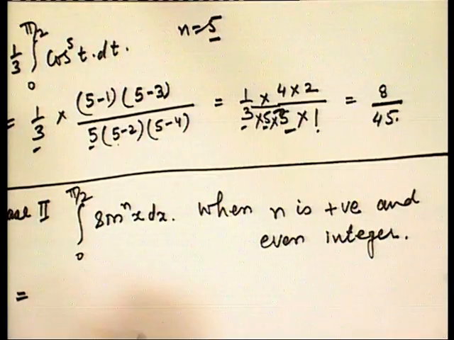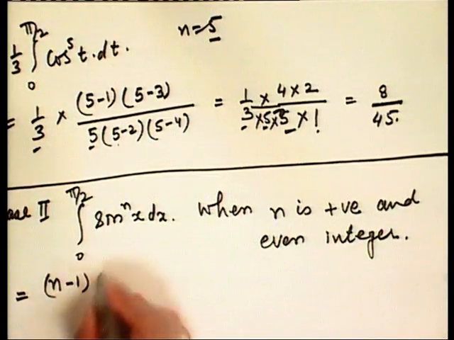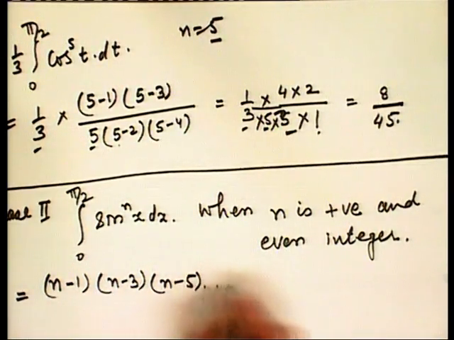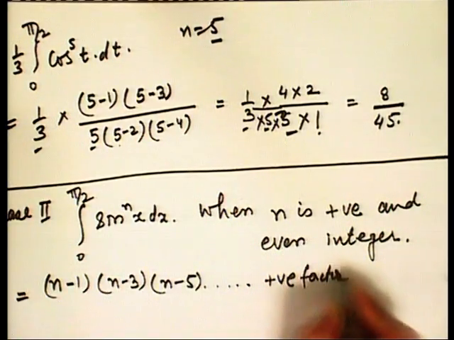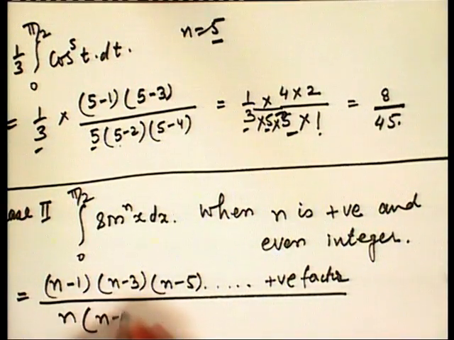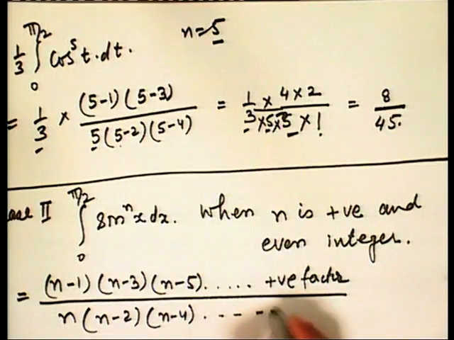Then our formula will be n minus 1, n minus 3, n minus 5 up to positive factor upon n, n minus 2, n minus 4 up to positive factor.